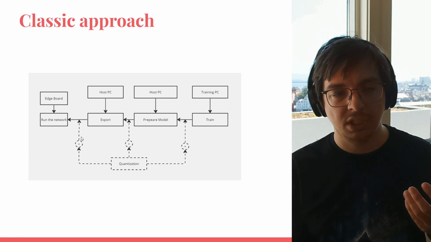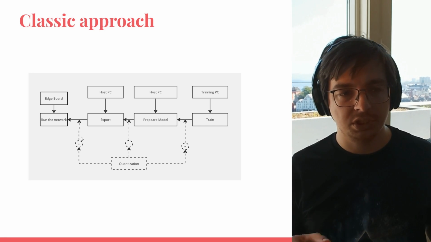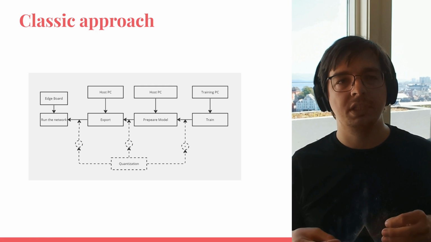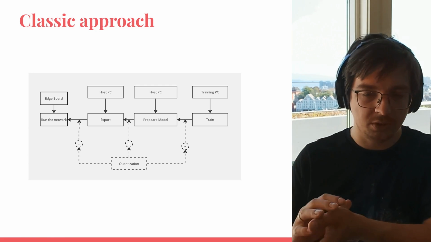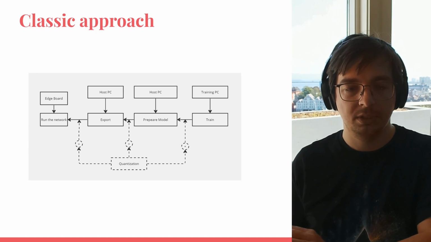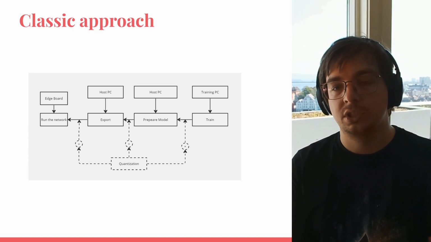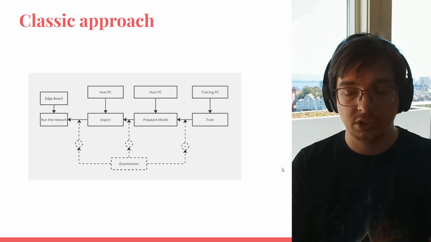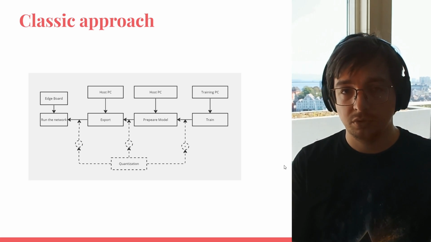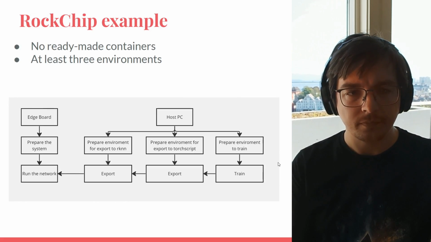Or it can be direct quantization on the device during the run, or after you export your model for some framework, you quantize it at that moment. But of course, there are 20% of boards that allow you FP16, for example, and for them you don't need quantization at all.